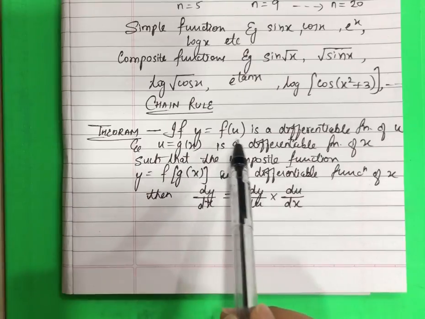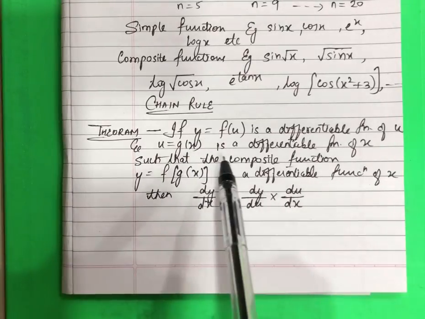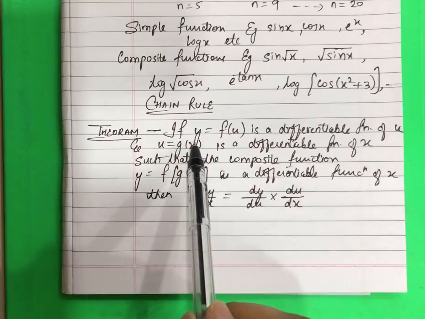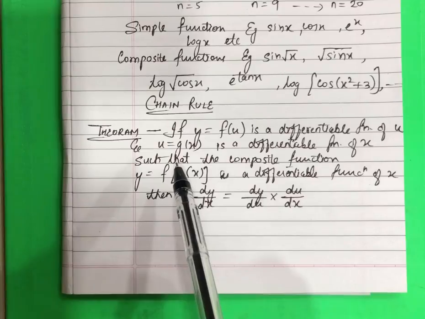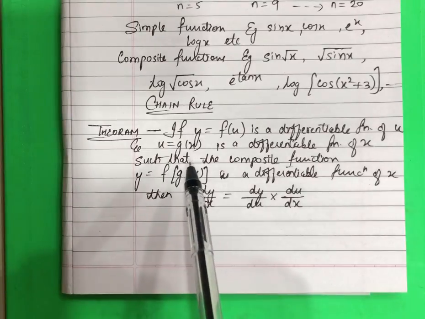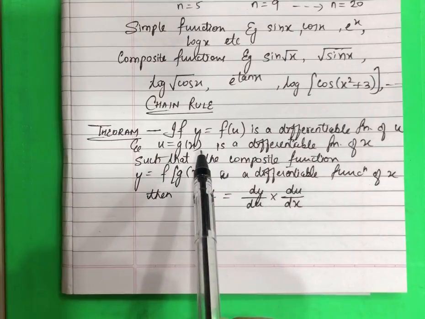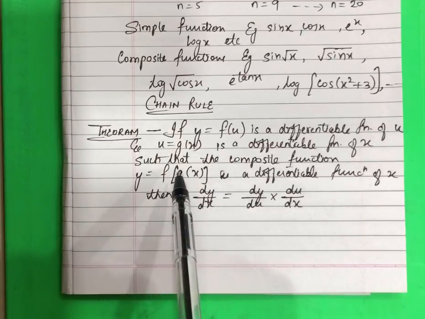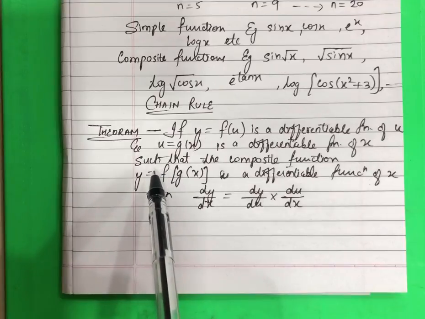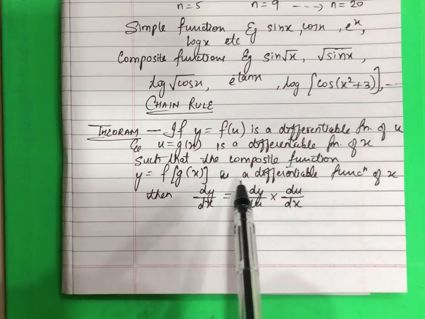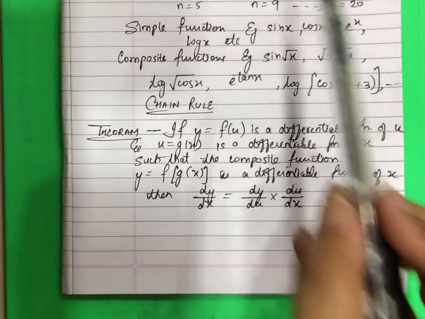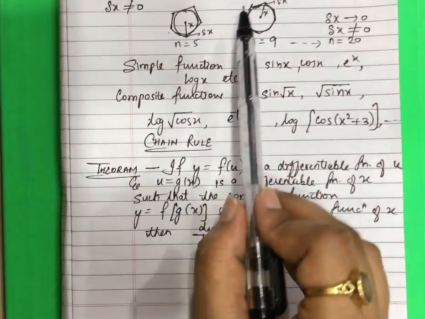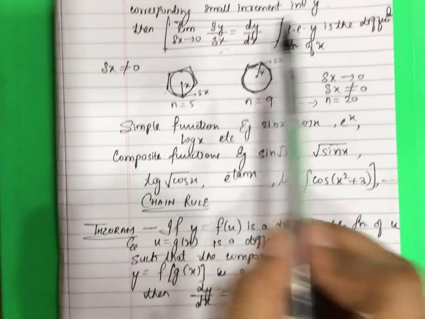If y is equal to f(u) is a differentiable function of u, that means we can differentiate y with respect to u. So obviously limit del u tends to 0, del y upon del u exists. Now u is equal to g(x) is a differentiable function of x. That means u can be differentiated with respect to x, that is, limit del x tends to 0, del u by del x exists.